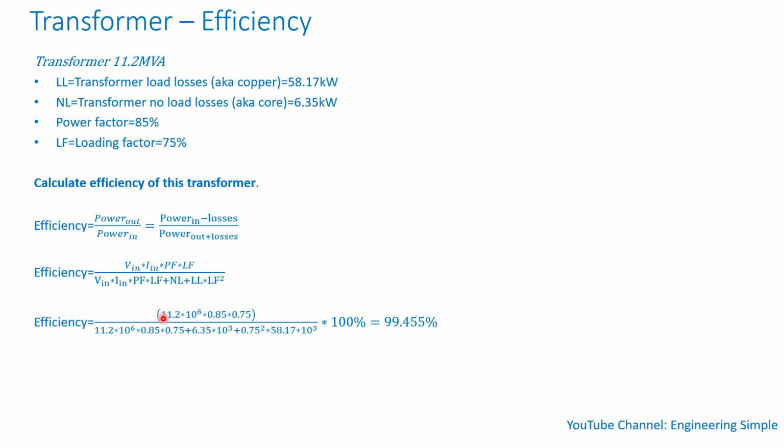So then I just use the numbers and I calculate 99.45%. So this is like the exact formula to how to calculate the efficiency if you have all the information.